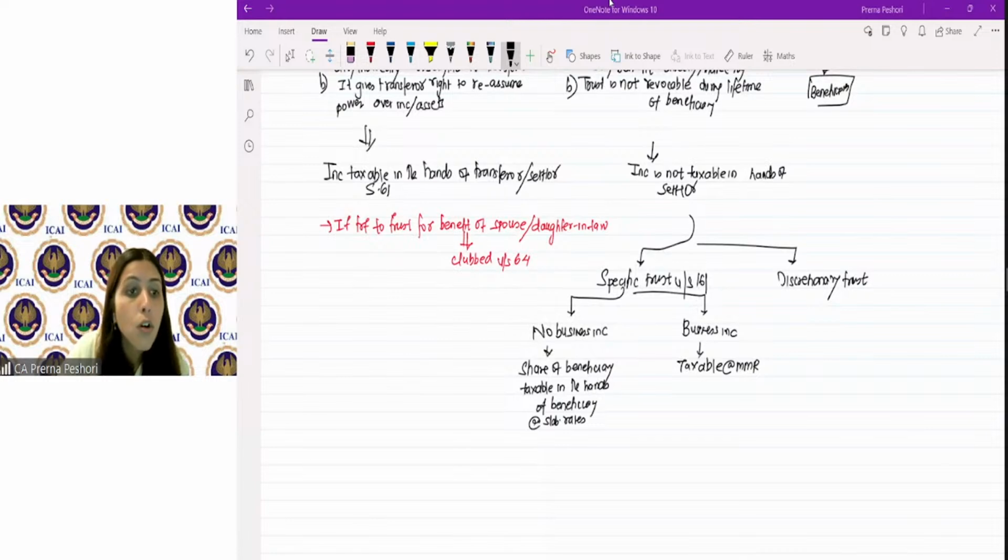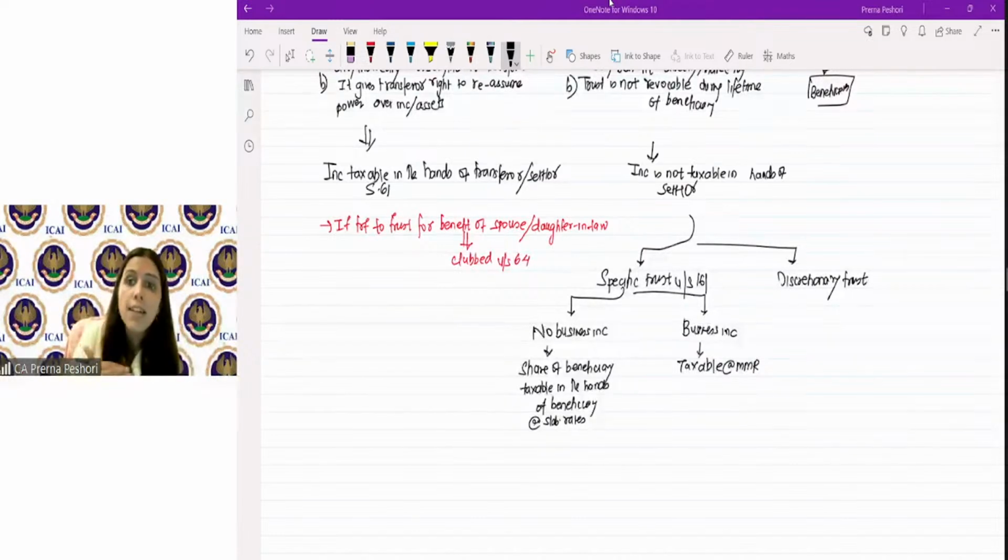Now, in the case of the trust, section 161, which talks about the specific trust, says that the liability of a representative assessee as regards the income of the trust is subject to the same duties, responsibilities, and liabilities as if the income is received by him.